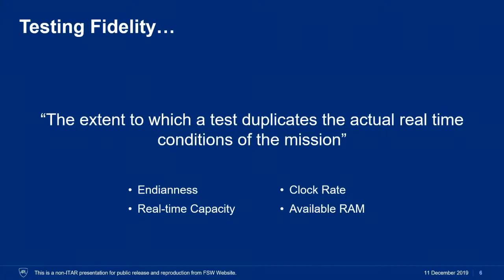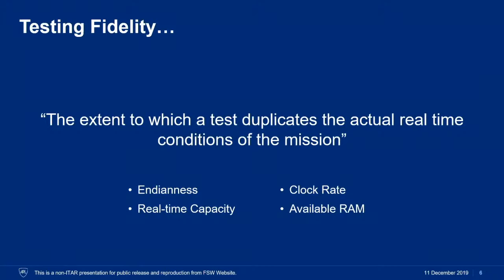So we're talking about things like endianness, clock rate, available RAM, and some of the other things that I believe Ashley just spoke about when talking about their Swirl environment.